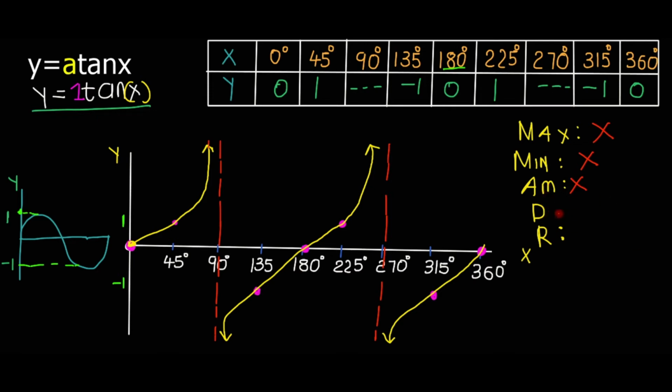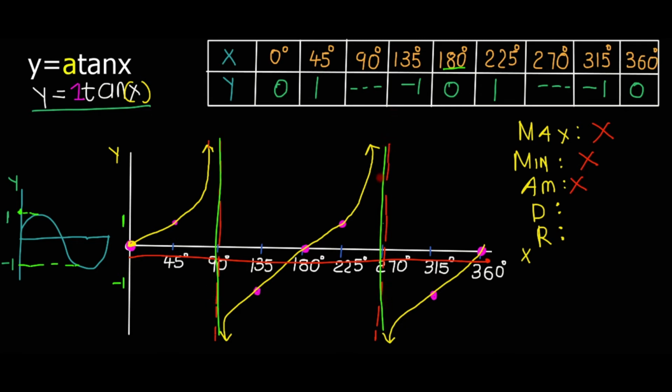And then now let us look at the domain. Let's understand what a domain is. Actually a domain is all possible x values that the graph will include. We look at the possible x values. Our graph starts from 0, and then ends at 360 degrees according to the scale we use. But our graph will not include these points because these points are errors, at 90 and 270 there is an error.